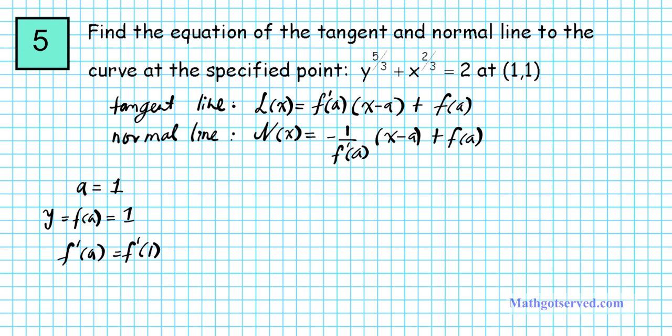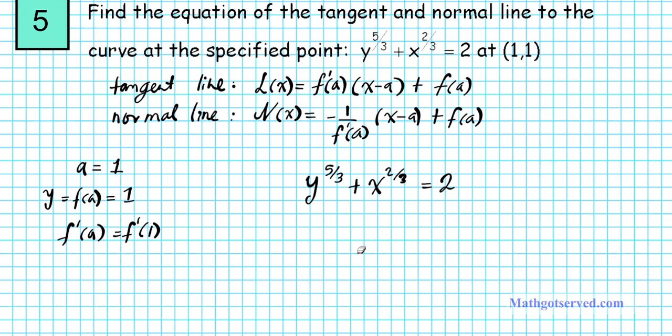Let's go ahead and write down the equation: y to the 5/3 plus x to the 2/3 equals 2. We're going to differentiate this implicitly. Using the power rule, we have 5/3 y to the, if you subtract 3/3 from 5/3, you're left with 2/3, multiplied by y prime, since we're differentiating implicitly.